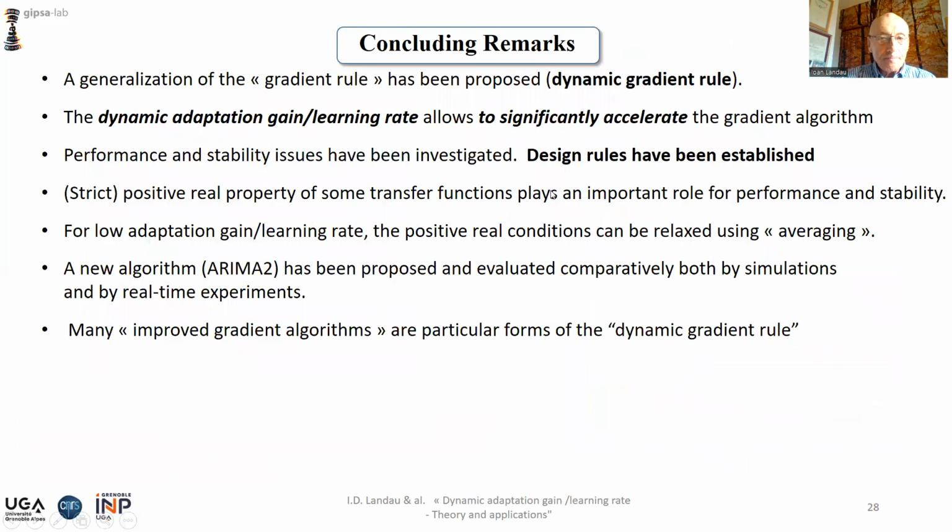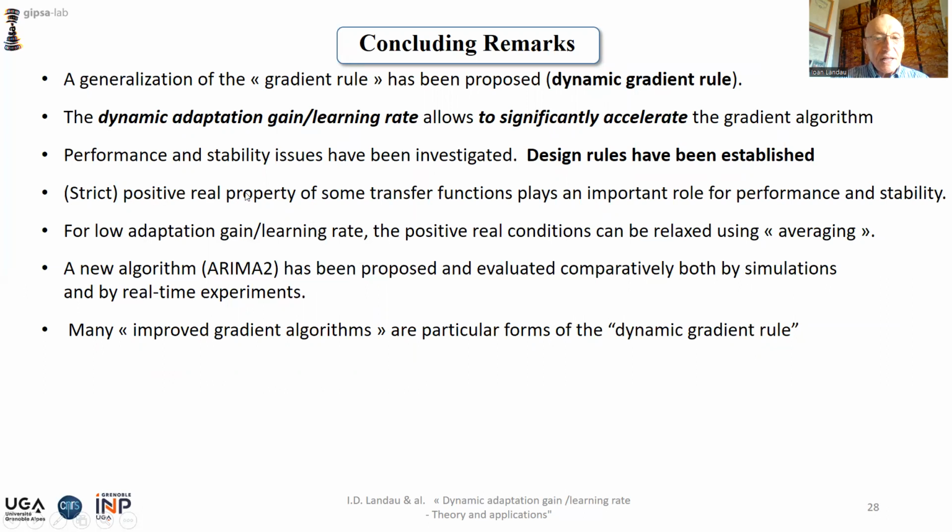To conclude, a generalization of the gradient rule has been proposed, and it's called the dynamic gradient rule. The dynamic adaptation gain allows us to significantly accelerate the gradient algorithm. Performance and stability issues have been investigated. Design rules have been established.